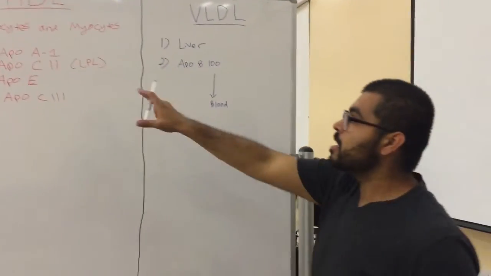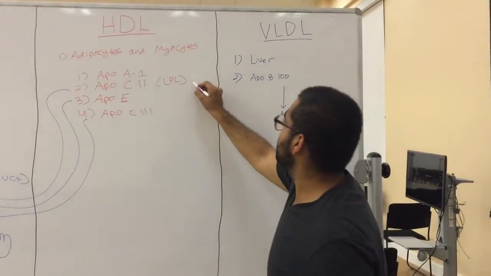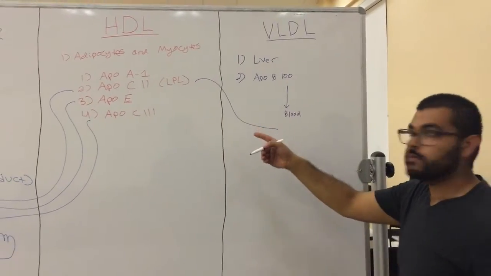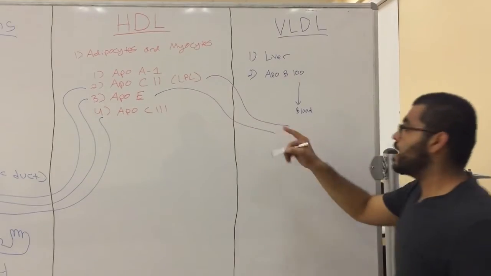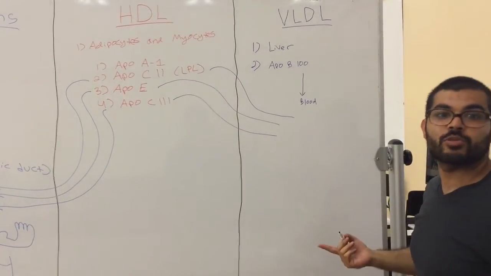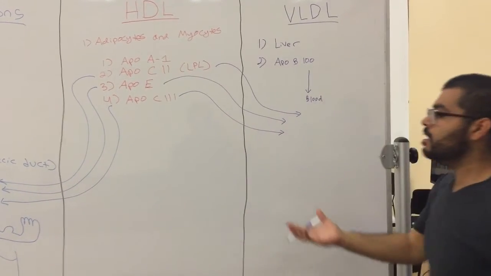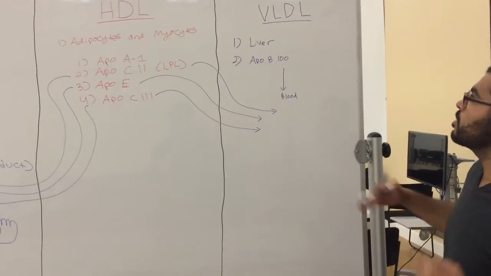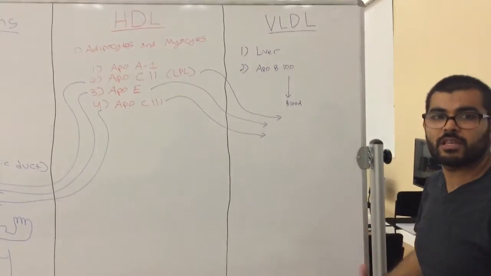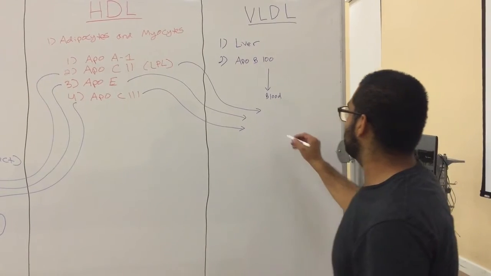Again, HDL is going to try to trick it and give it three things, which are going to be your ApoC2, ApoE, and ApoC3. And again, just like your chylomicron, your VLDL will also be jacked up. It's going to look like it got everything. It gained all that strength that HDL gave it.